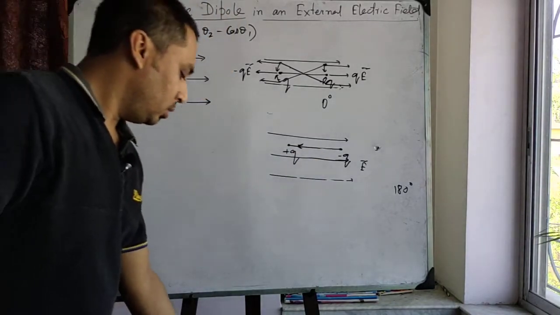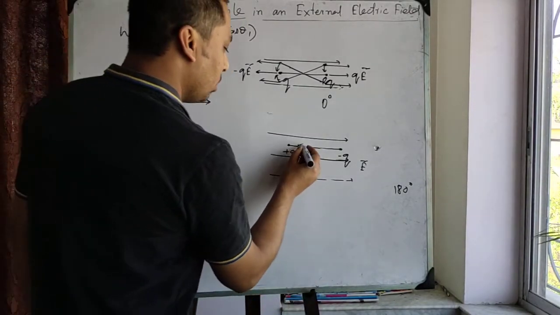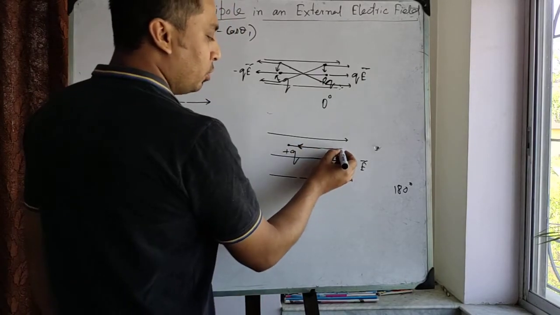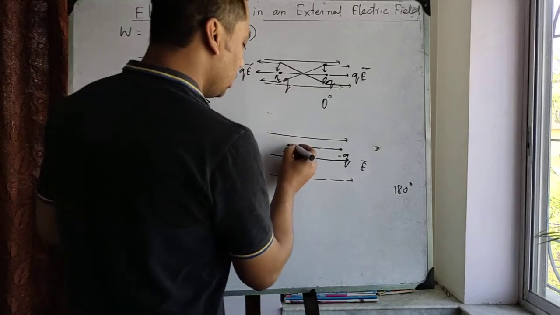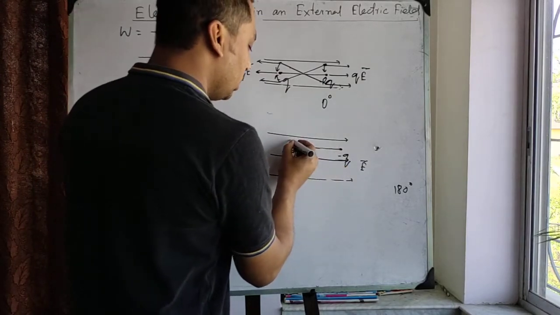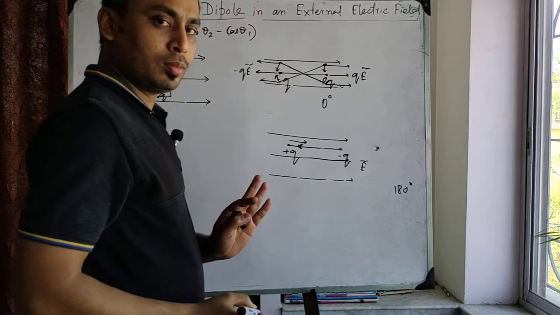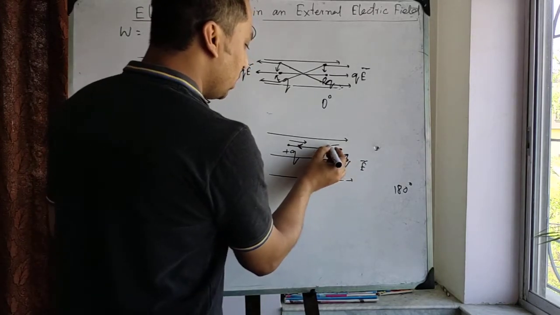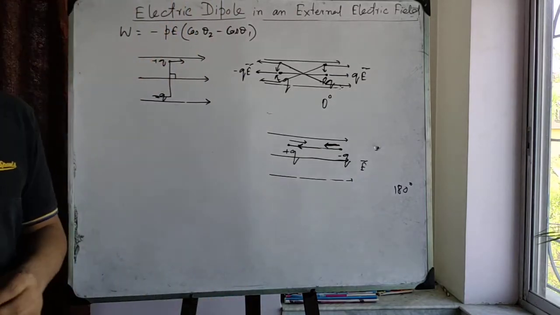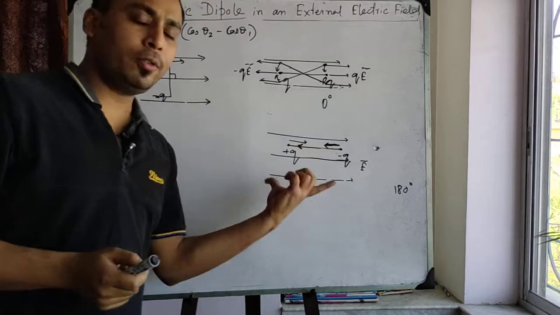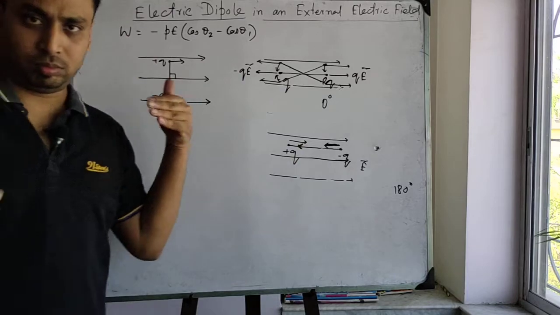Now, what happens? The plus q charge will experience a force in this direction, and minus q will experience the same amount of force in the opposite direction. So the net force on the dipole is 0.